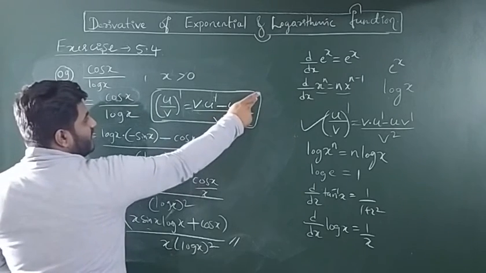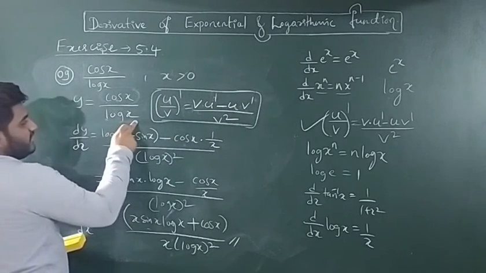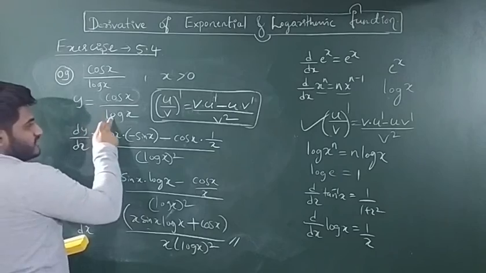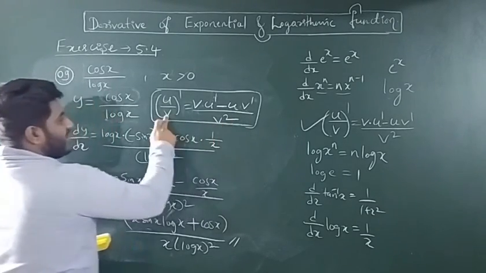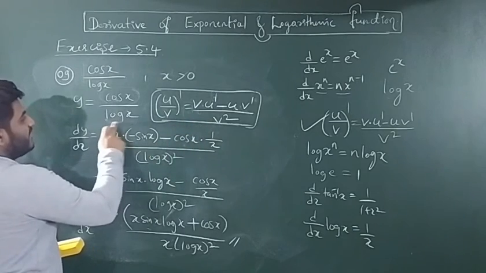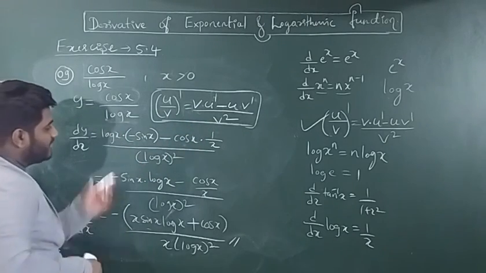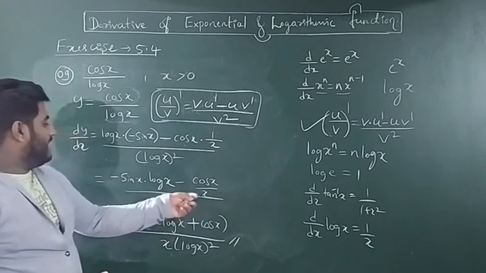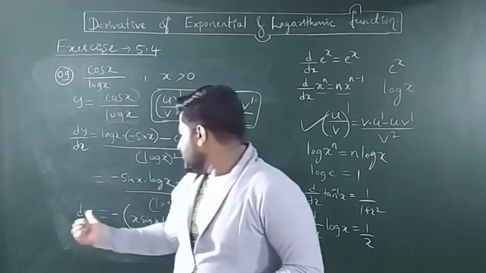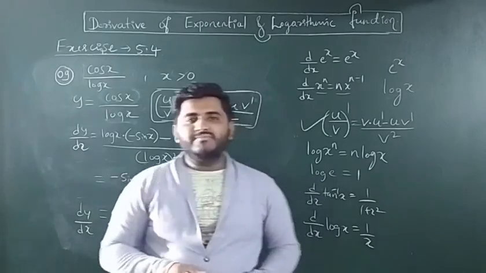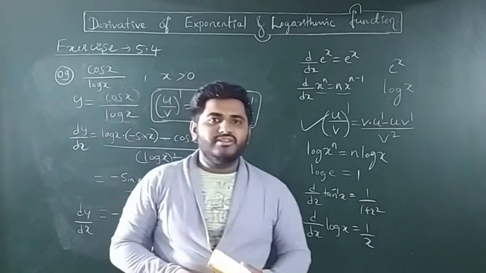D by dx of the denominator, that is v dash. What is the denominator here? Log x. Differentiation of log x is 1 by x. Whole divided by v square. V square means denominator square. What is the denominator here? Log x square. After that I simplified the terms, taking LCM and taking it outside. Minus sign is common, both become plus. I hope you got the points here.